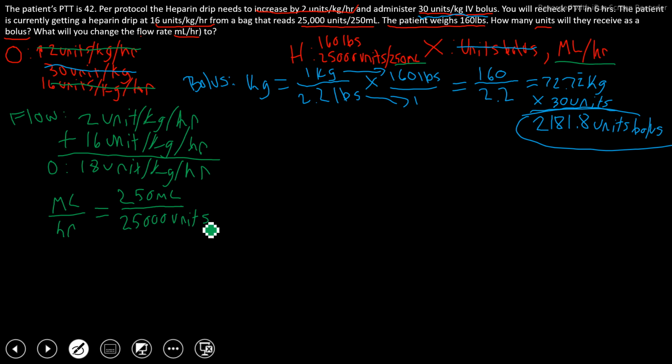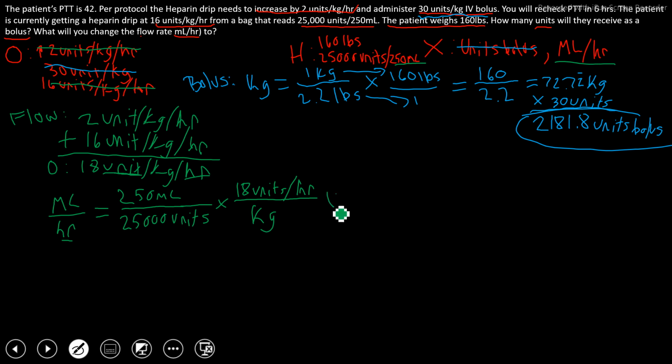Okay, now we want to get rid of the units, so where do we have our units? We have them right here in our condensed order, so we're going to do 18 units per, so we're going to want to keep the hour here since it's going to be in our answer, so we're going to put it up here with the units, and then we're going to have kg down here because that's what we want to get rid of.